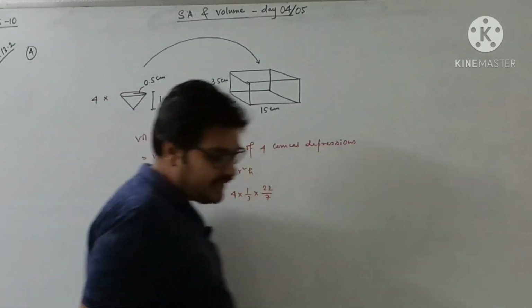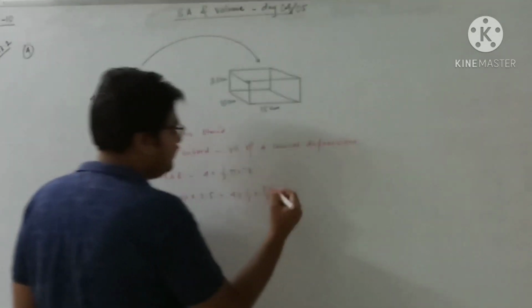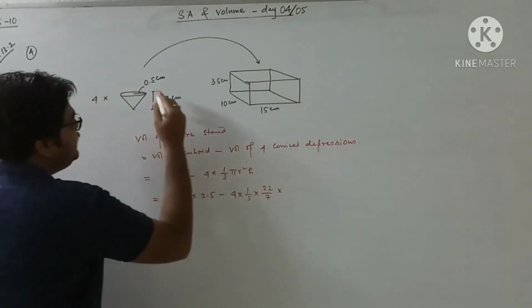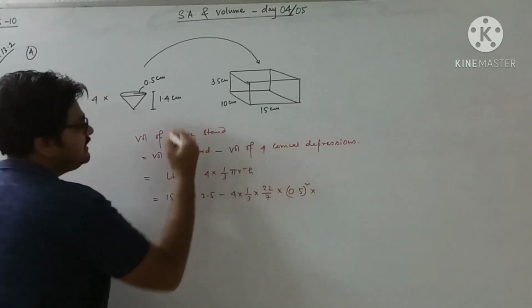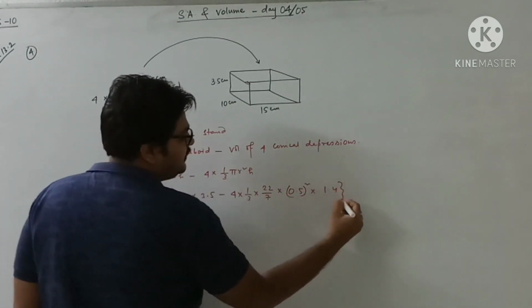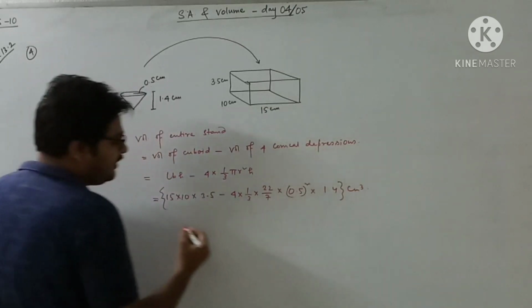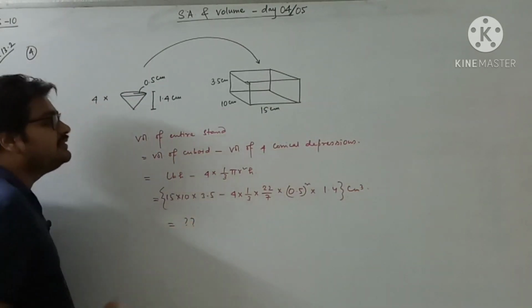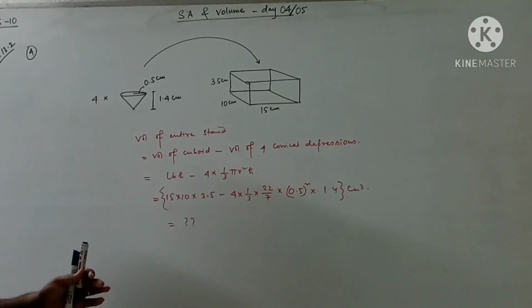No value of pi has been given in the question, so you write 22 by 7. R square is 0.5 square and H is 1.4. So this much centimeter cube is the volume. Now you can calculate it to find the answer. So this part you will do yourself. I think you understand this one.